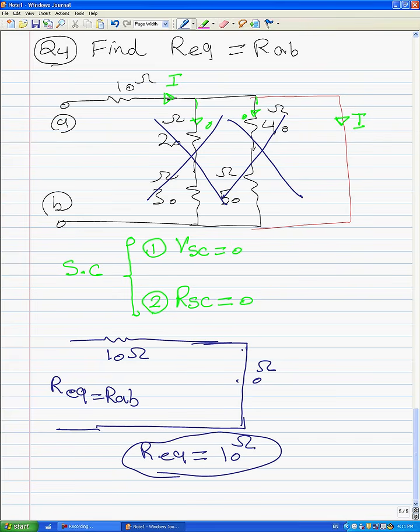To summarize, a short circuit can bypass any resistors connected in parallel to it, and the current for any parallel resistors with a short circuit should be 0.